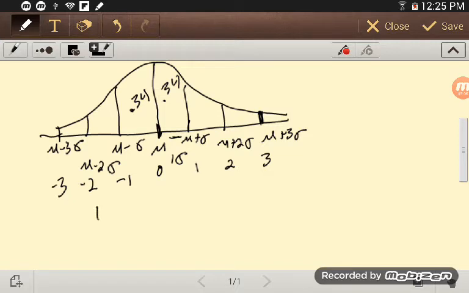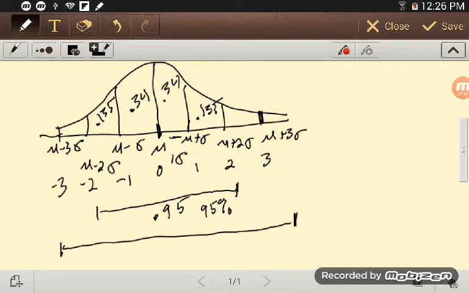And then between plus and minus 2, there's always about 95% of the data, or 0.95. Now I have to do some quick math. 95 minus 68 is 27, and half of that is 13 and a half, or 0.135, always.